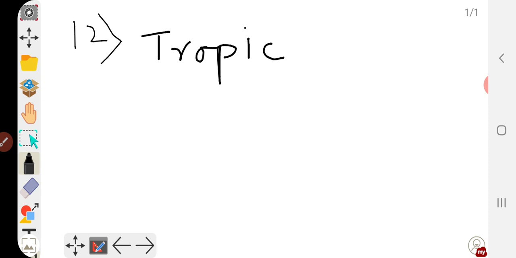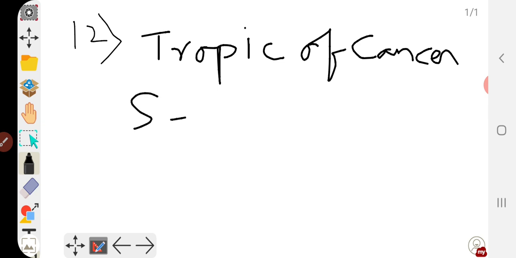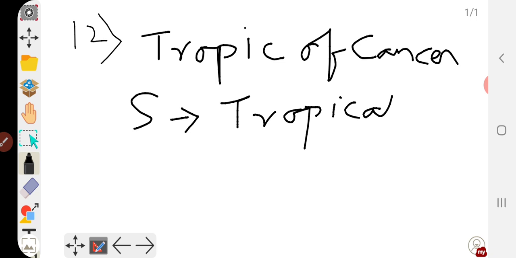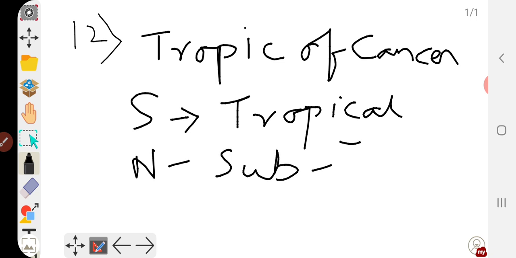Due to the Tropic of Cancer, the country is divided into two: the southern part is the tropical region and the northern part is the subtropical region. So we get two climatic zones, the tropical zone and the subtropical zone. This is one important advantage.